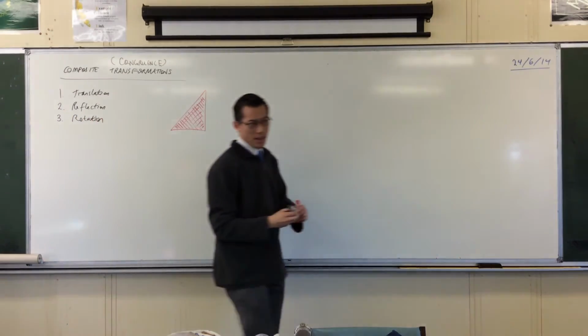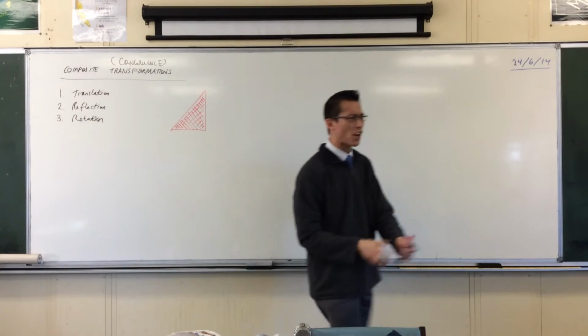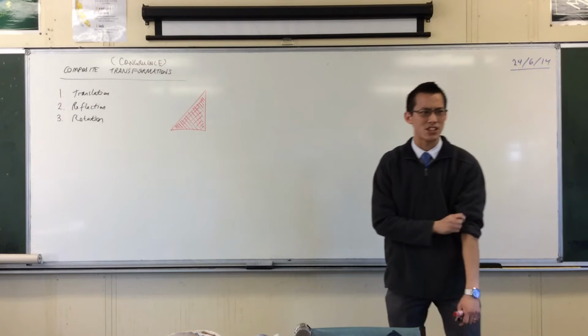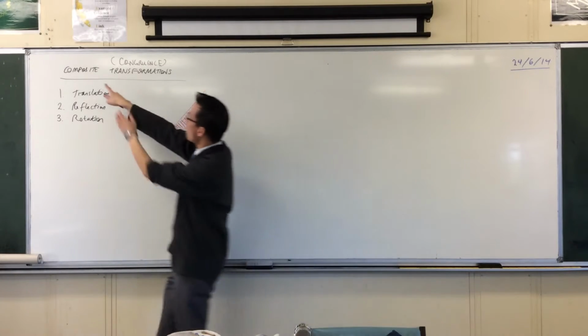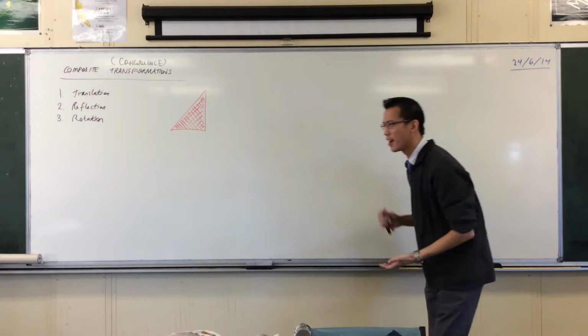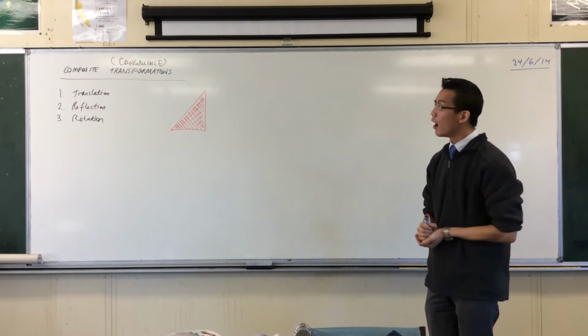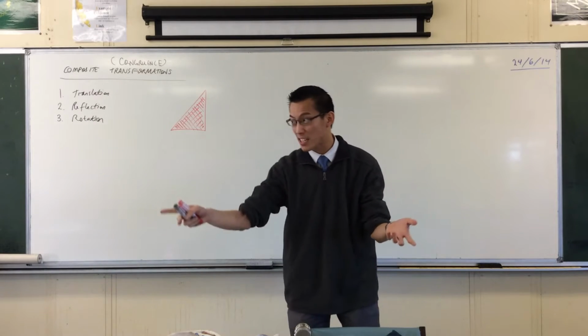Now, very simply, all this idea of composite transformations is, well, when we say composite, what does that mean? Yeah, James. Oh, it does sound like opposite, doesn't it? But it means something a little bit different. Oh, you're thinking of prime numbers and composite numbers? You're getting to it.